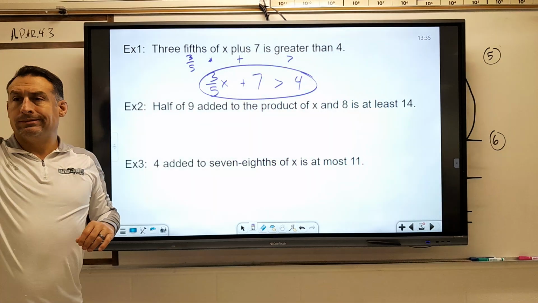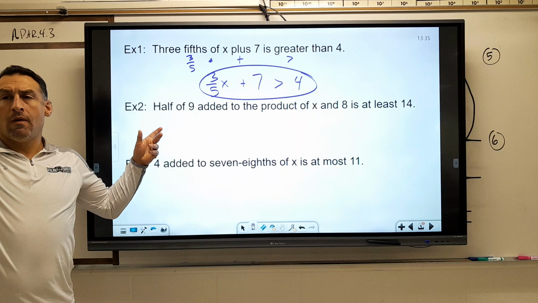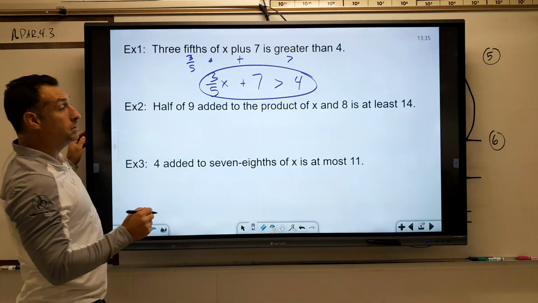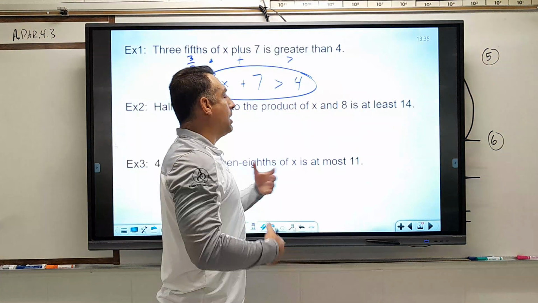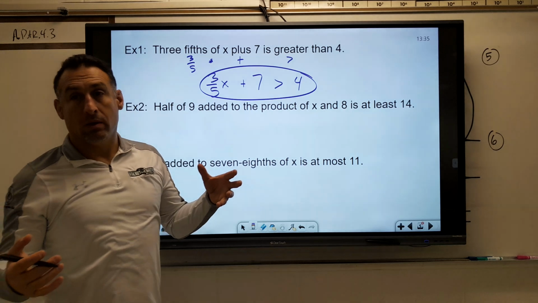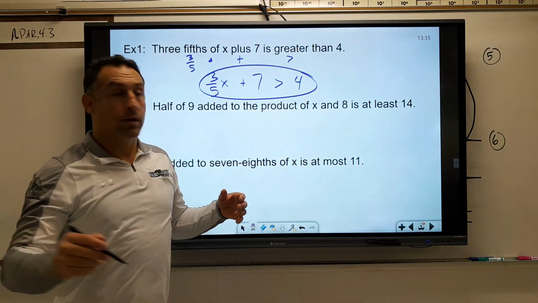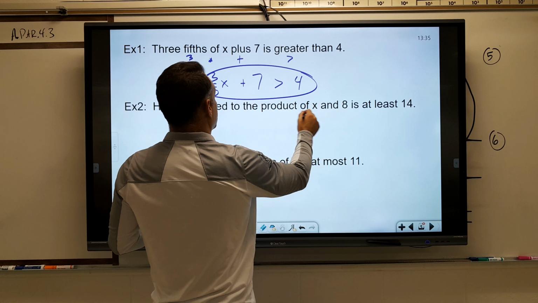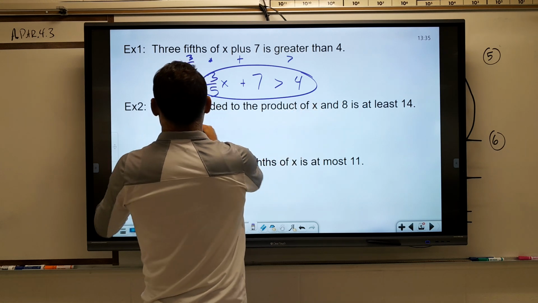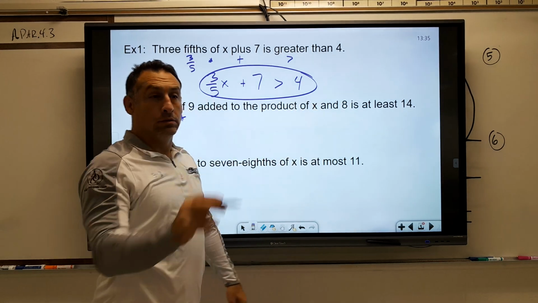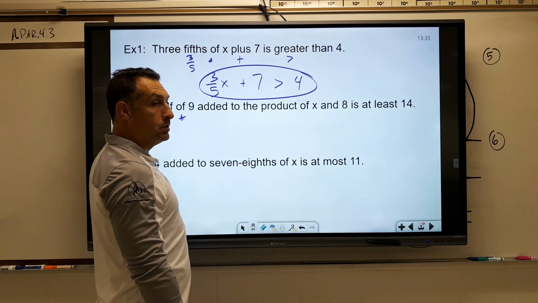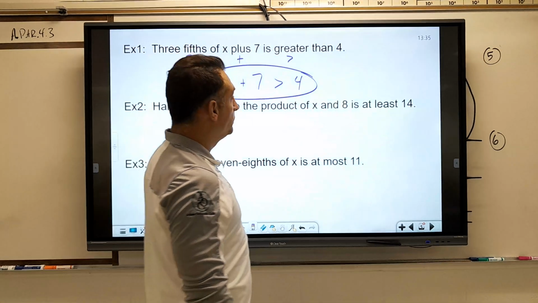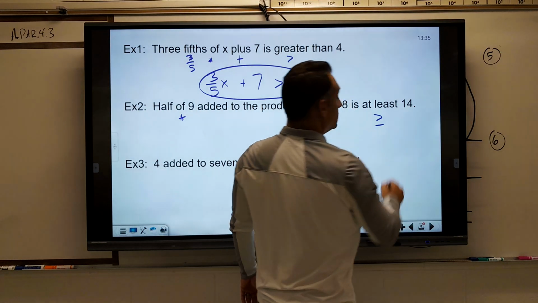Give me a symbol for the second one. Okay, I'm talking about operations and stuff right now. Multiplication. Where? Of half and 9 is. That's greater than or equal to.